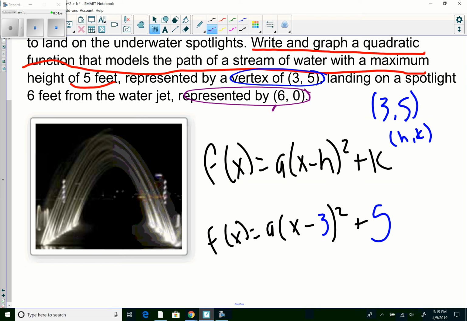The other thing, they give you another point. We're going to take these and plug them in for x and y. Or x and, instead of y, remember y and f of x are the exact same thing.